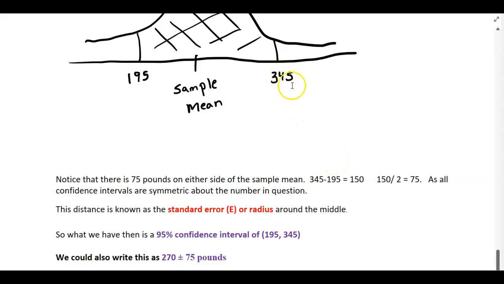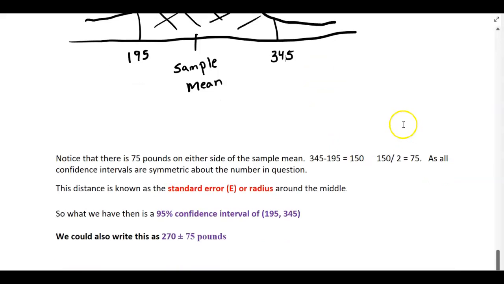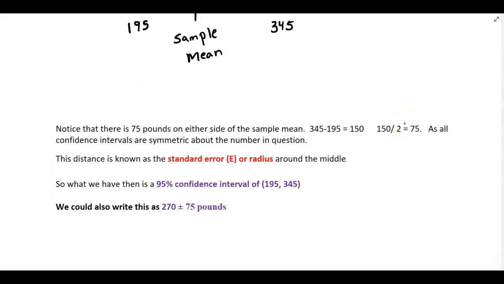I take the upper limit and subtract the lower limit, and when I do that, I get 150. If I divide that by 2, because the same amount is going to be on the left as on the right, I get 75. And as all confidence intervals are symmetric, I know that I have 75 on each side.